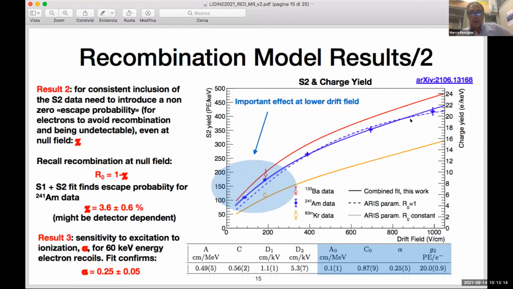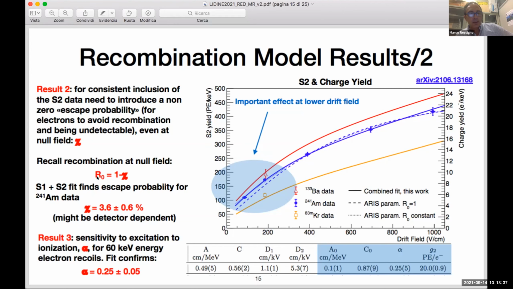The second thing, which is interesting, is that we can indeed reproduce the S2 yield only if we assume a non-zero probability for electrons to escape recombination at null field. This is normally termed chi in the literature.